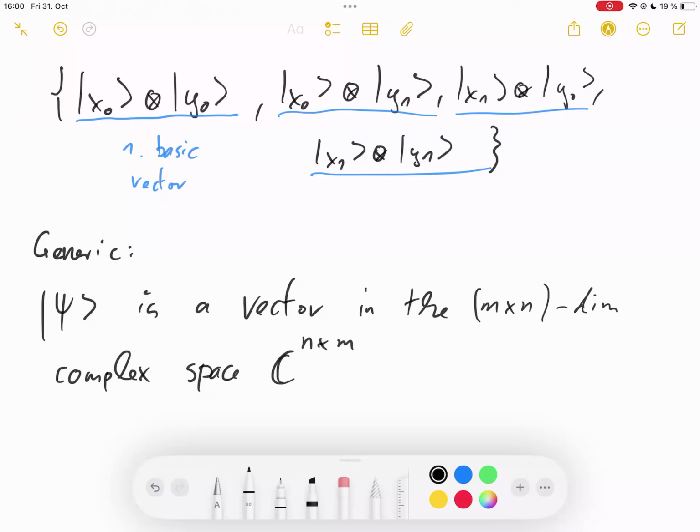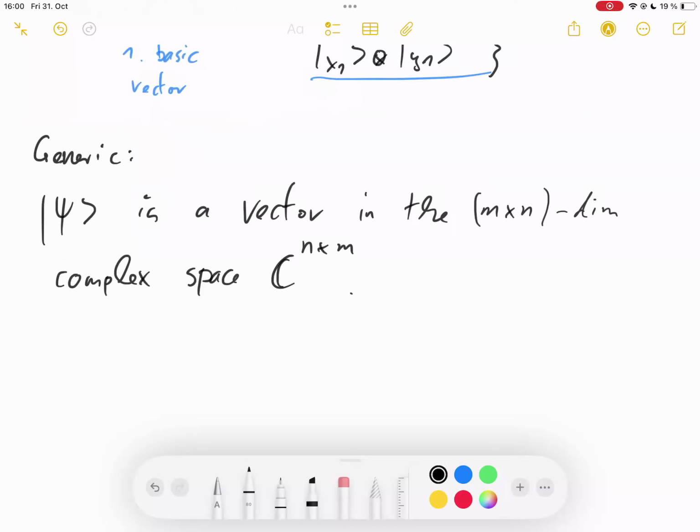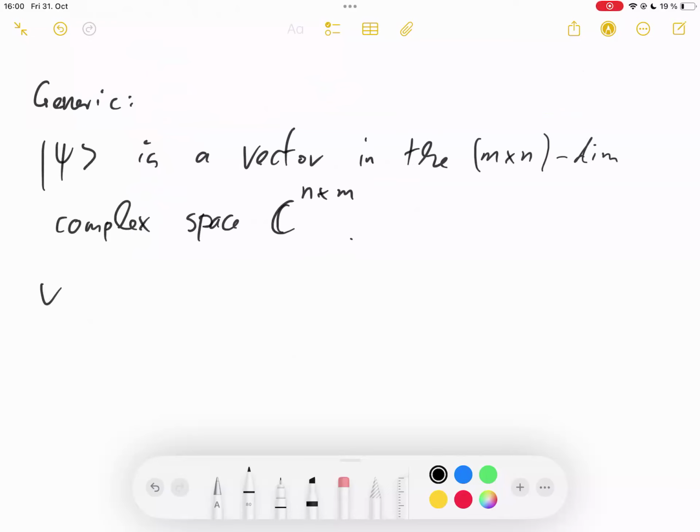So if n many basic states in the one system and m many in the other, psi is a vector in this m times n many dimensional complex space. And we can write this out and we can say our psi ket is, so we write down these basic vectors. So we have our x0, the tensor product with y0, then dot, dot, dot.